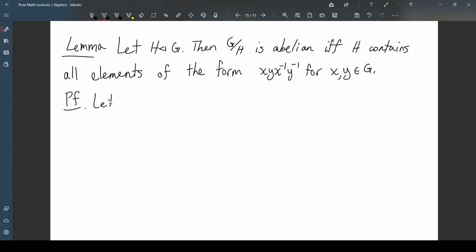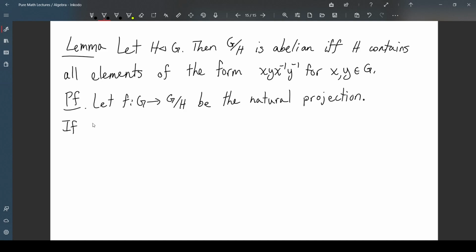So let f be the natural projection, or canonical, I'll say natural projection, right, with kernel H. Okay.